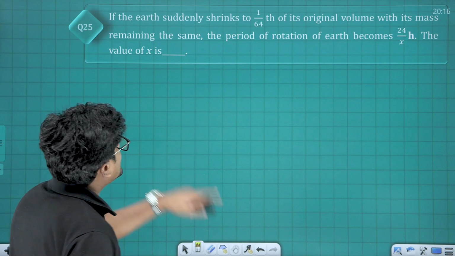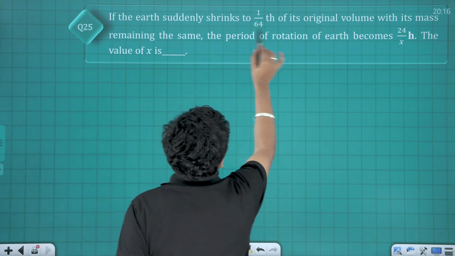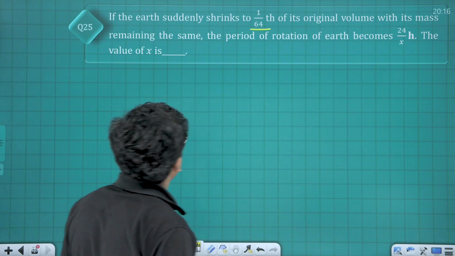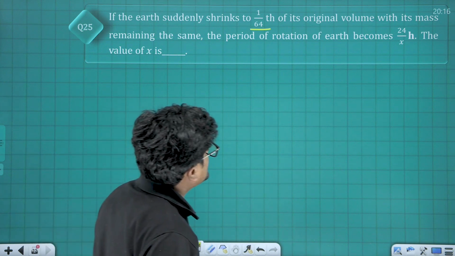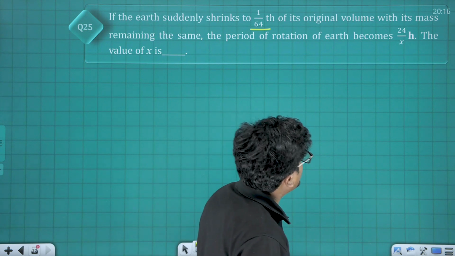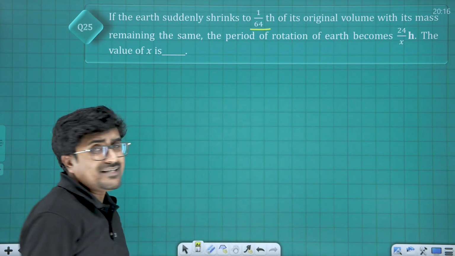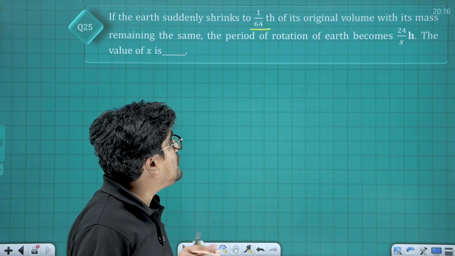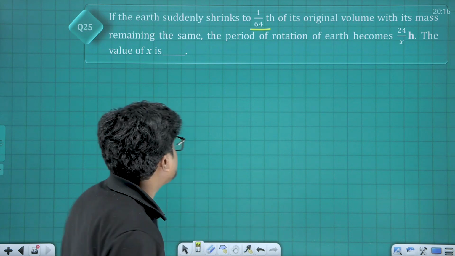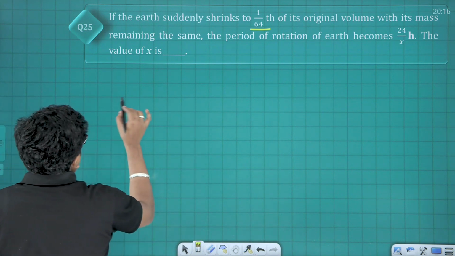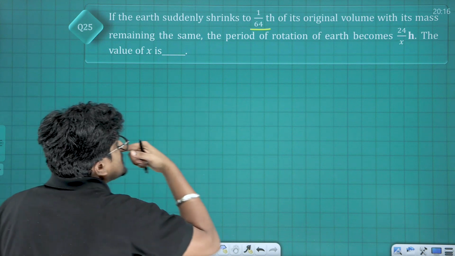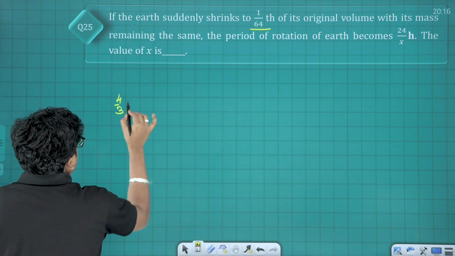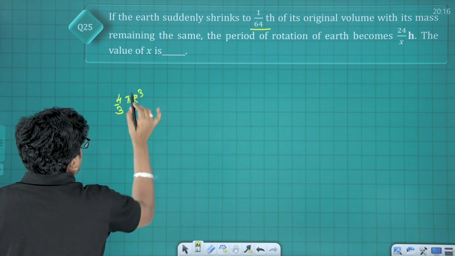Next is question number 25. If the earth suddenly shrinks to 1 by 64th of its original volume with its mass remaining the same, then the period of rotation of the earth becomes 24 by x hours. Then the value of x is. So without changing the mass, earth is shrinking. So first of all, we need to identify what the new radius is. So the volume changes to what? 1 by 64th. So the initial volume is normally 4 by 3 pi r cube.